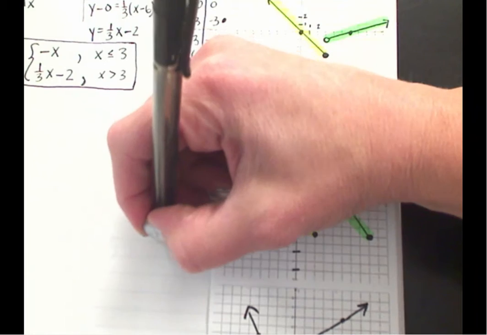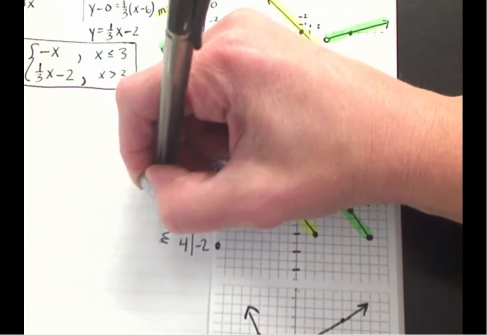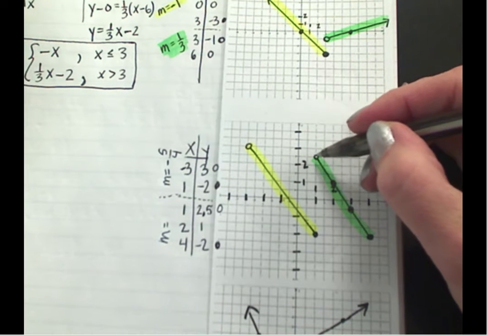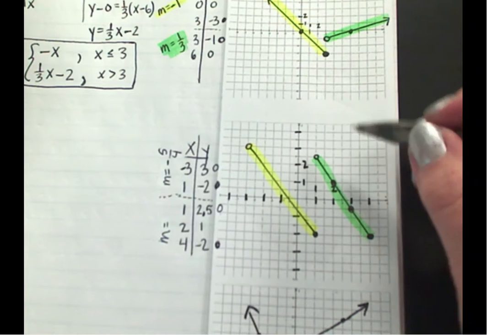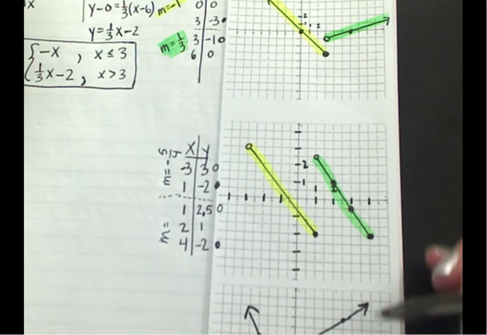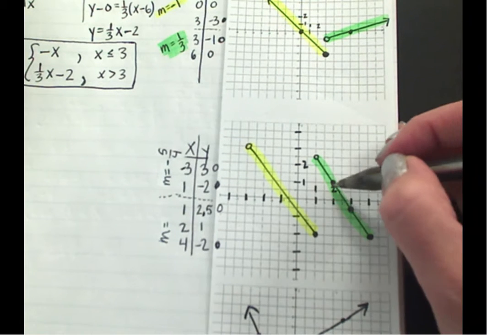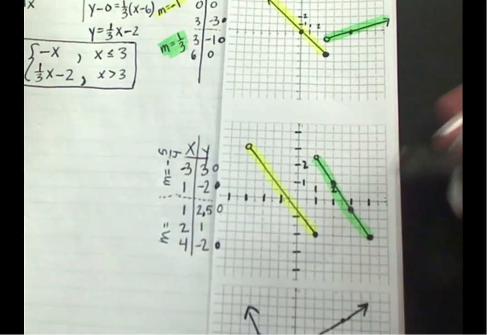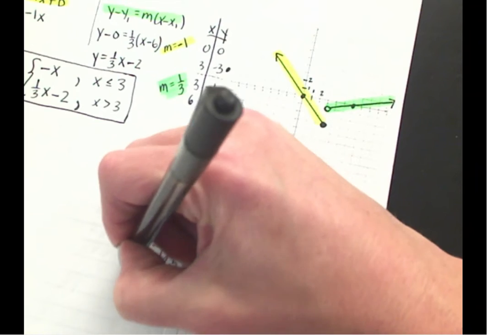Green, okay, green. I've got plenty of room here, I think. Green is a negative. Okay, count between integers. 1, 2, 3, 1, 2. -3 over 2.